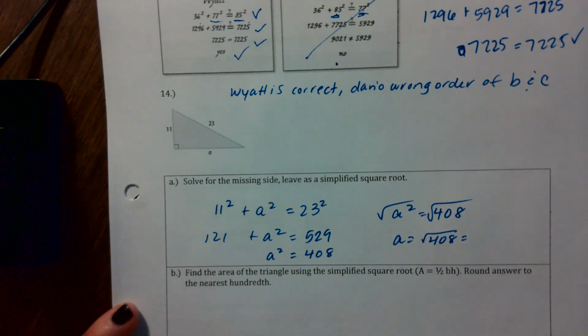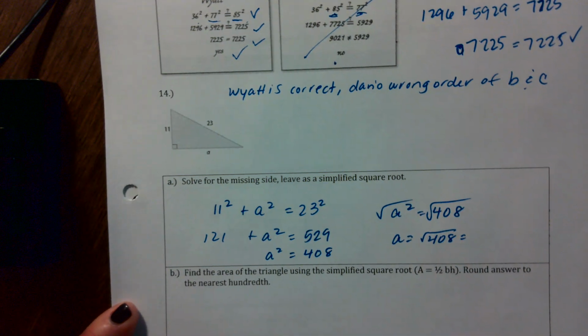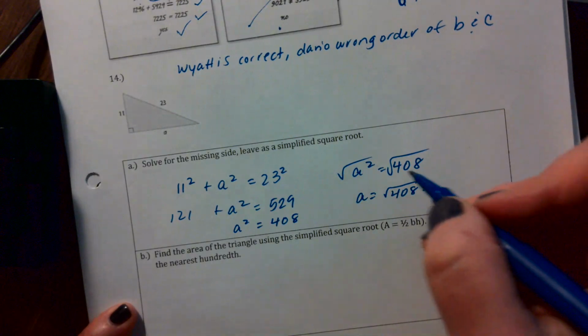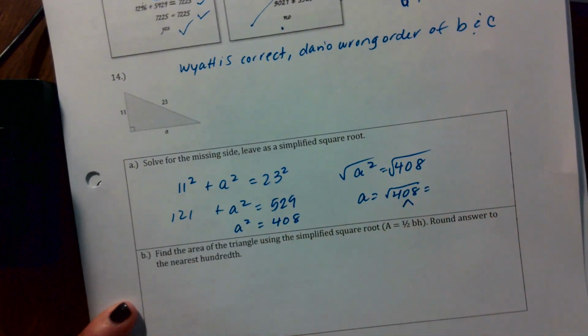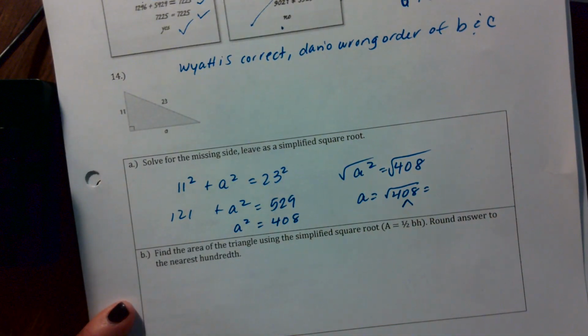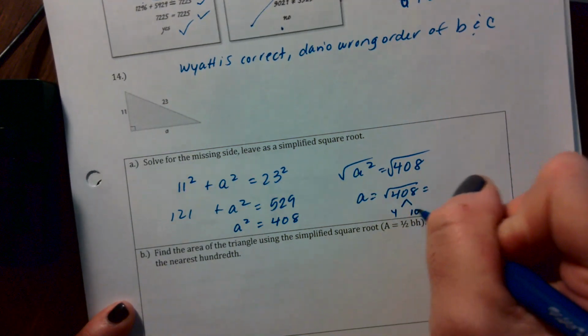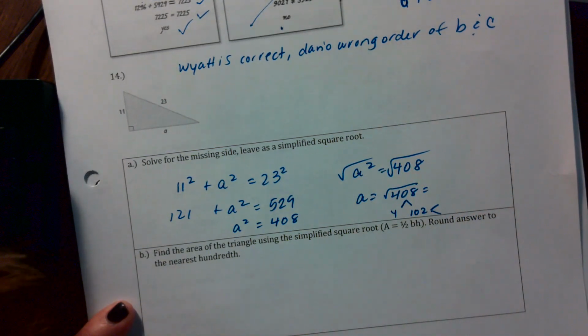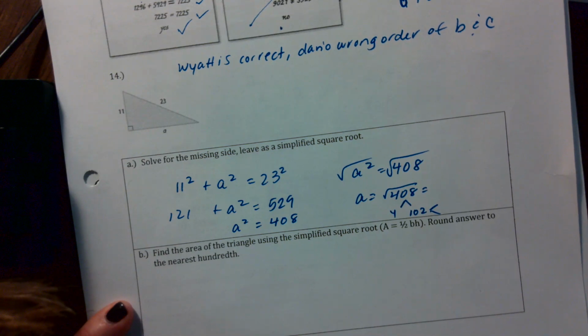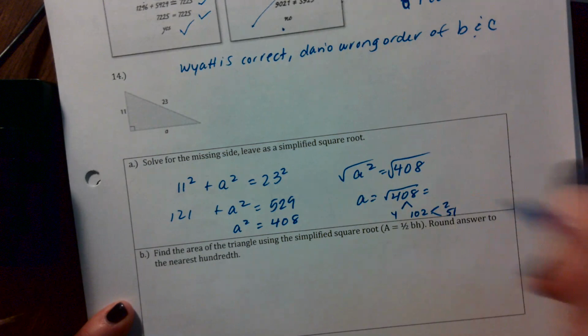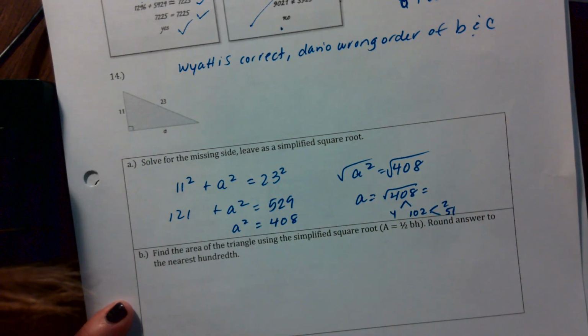When I break down 408, it's not going to be pretty, I don't think. No, it's a decimal. So you say to yourself, what does 408 break up into? Maybe it can be divided by 4. And it can, 4 and 102. Can 102 be broken up? Yes, 2 and 51. Can 51 be broken up?